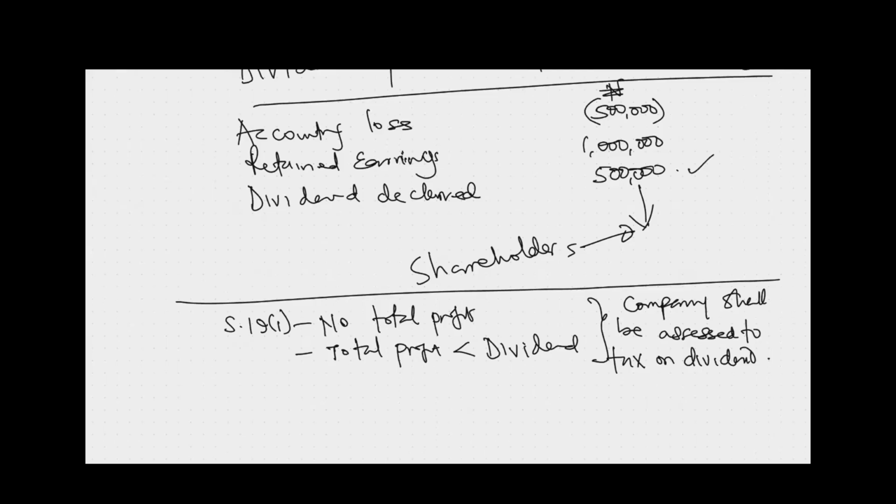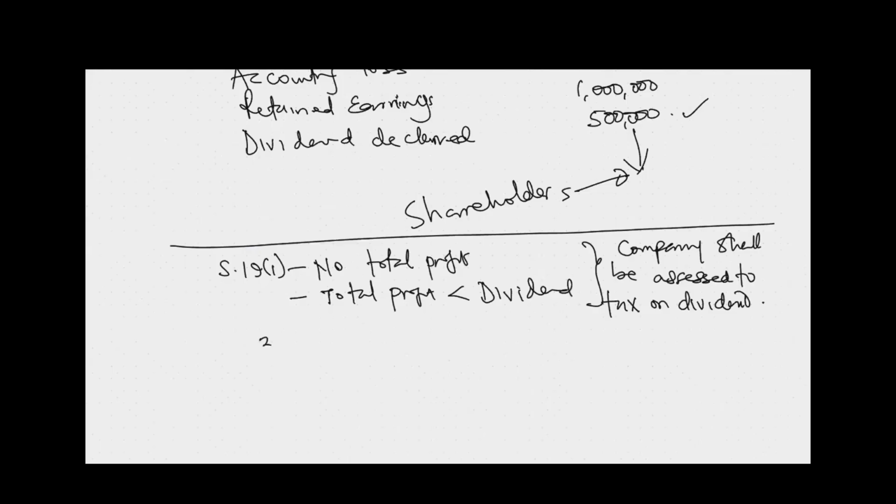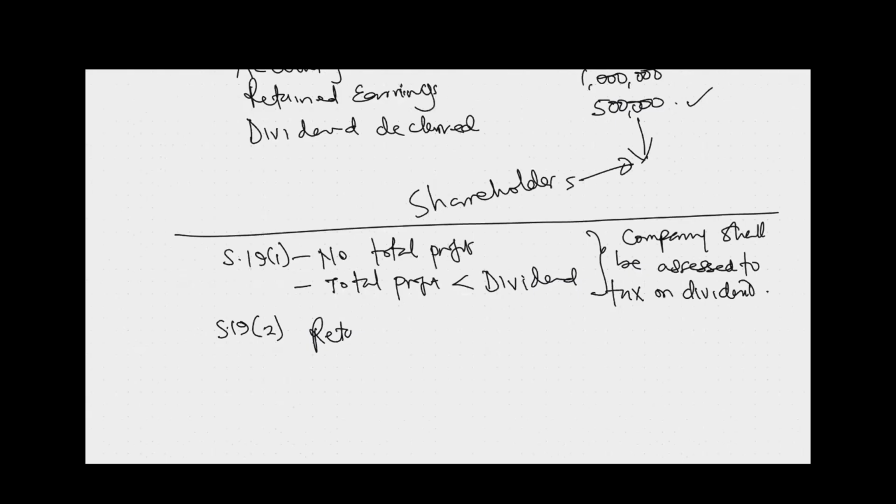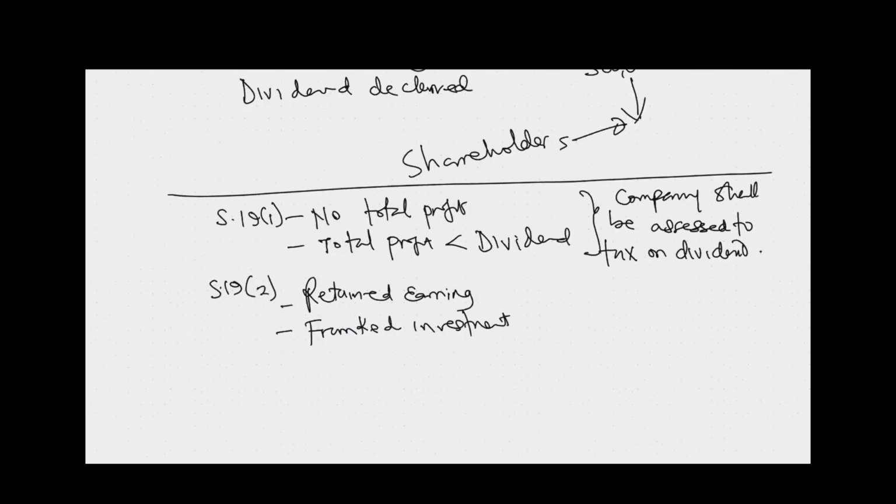But subsection 2 is now saying, no, do not assess the company to tax if the following play out. If you notice that the dividend is paid from retained earnings, it is paid from franked investment income, it is paid from profits already exempted.